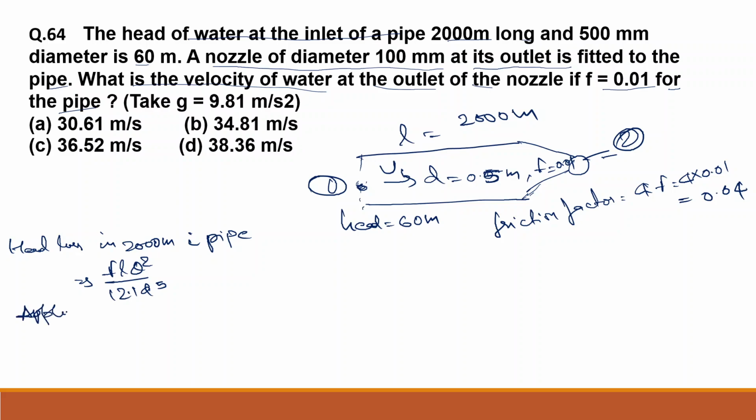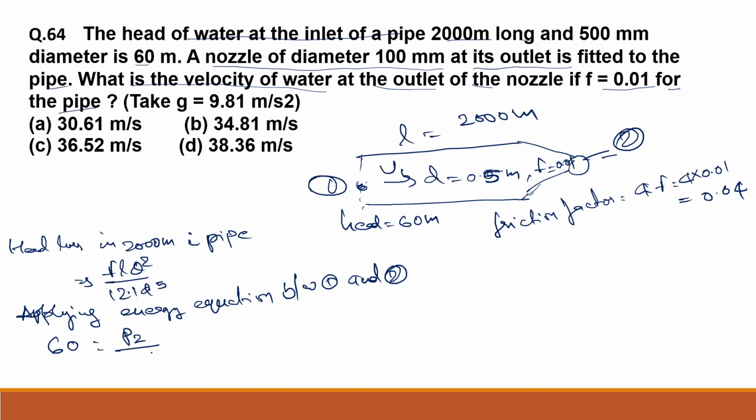Applying the energy equation between 1 and 2, P2 upon gamma plus Z2 plus V2 square upon 2G plus HF.